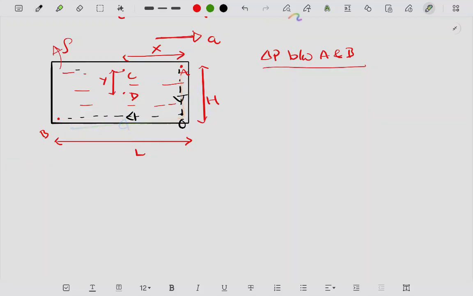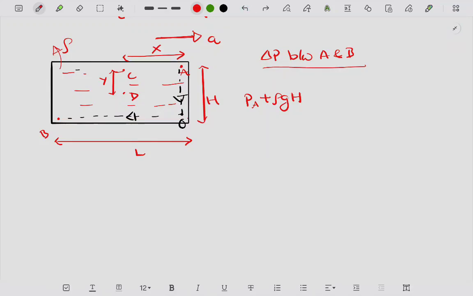Let's suppose pressure at point A is PA. When we are coming down, pressure increases by rho gh. So PA plus rho g, total height given H. Very good. Now we are going from O to B, so we are going in the opposite direction of acceleration.